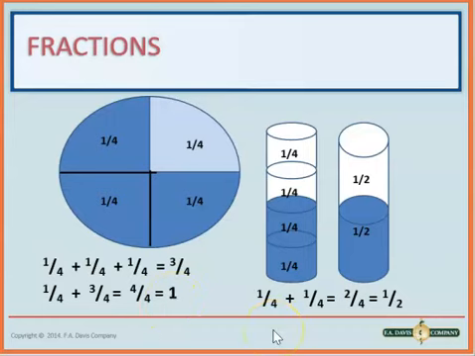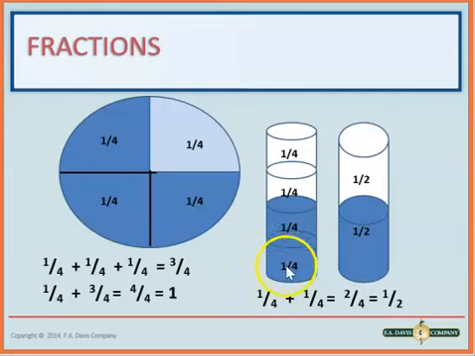Let's look at the cylinders over here on the right-hand side as a second example. We've got our cylinder divided up into 4 different parts, and 2 of the sections are darkened with the dark blue color. So what does that tell us about the cylinder? How much of the cylinder is filled with that dark blue?